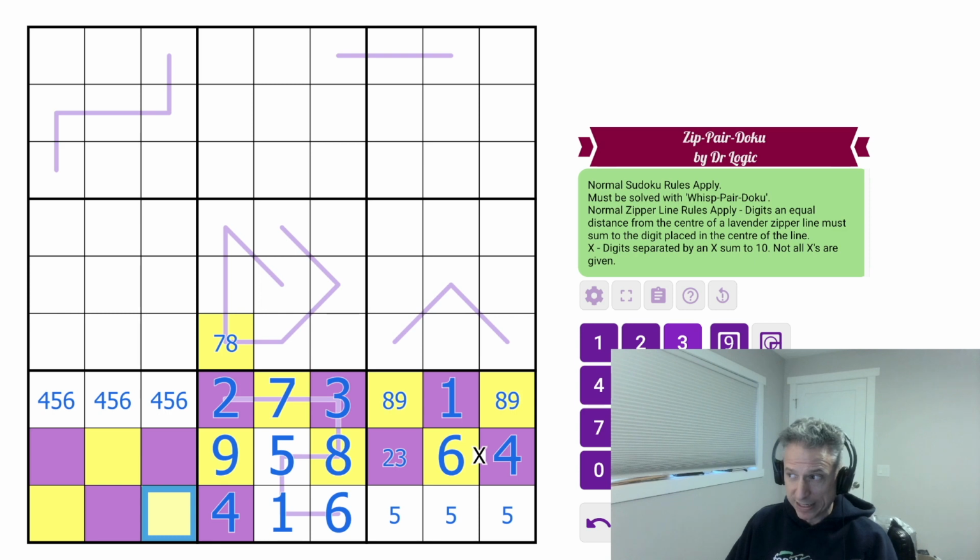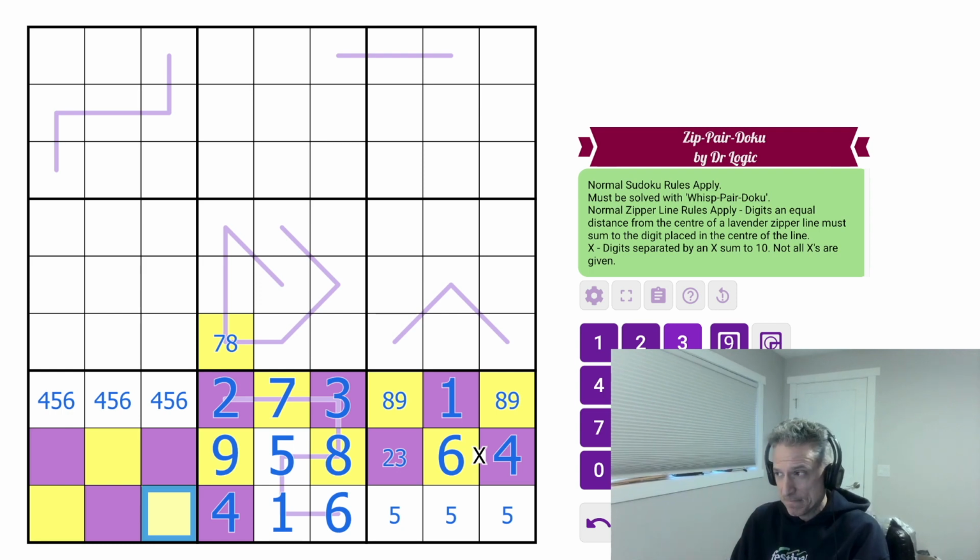In box 7 it can't be in a corner. It can't be box 7, cell 7. Can't be 9. Not cell 1, sorry, box 7, cell 7.